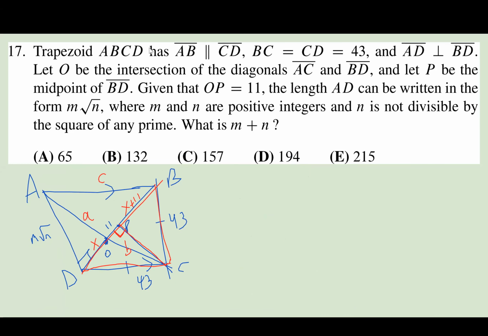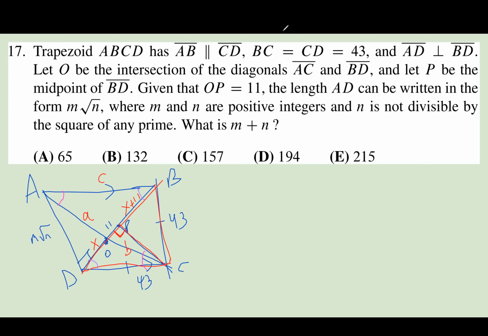So now one thing you want to notice is that you have several similar triangles here, right? Because if you think about it, this angle equals this angle because of parallel lines, and then you have this angle equals this angle, right? Let me draw that a little bit better. So basically this angle equals this angle.